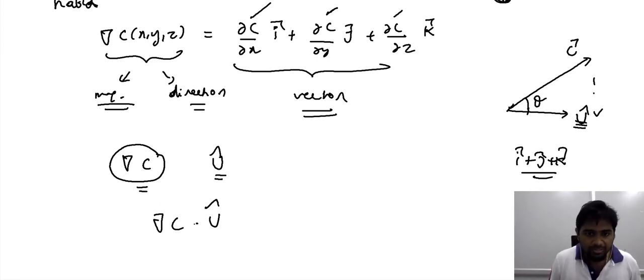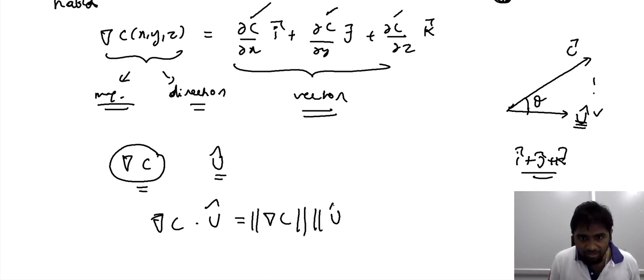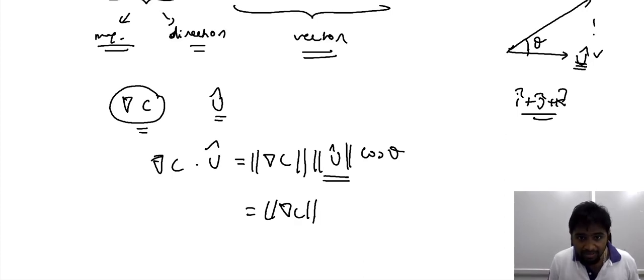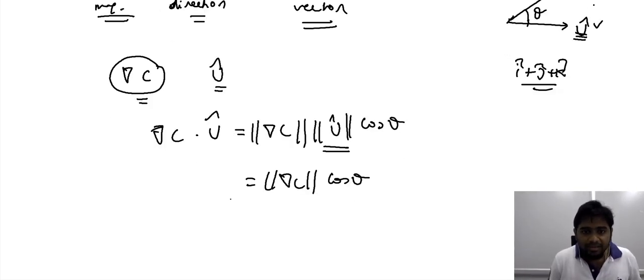The dot product of these two involves the magnitude of the gradient alone, the magnitude of the unit vector, and the angle between them, cos theta. Since this is a unit vector, its magnitude is going to be 1. So we have the magnitude of the gradient vector and cos theta. Then I can estimate cos theta from this expression.